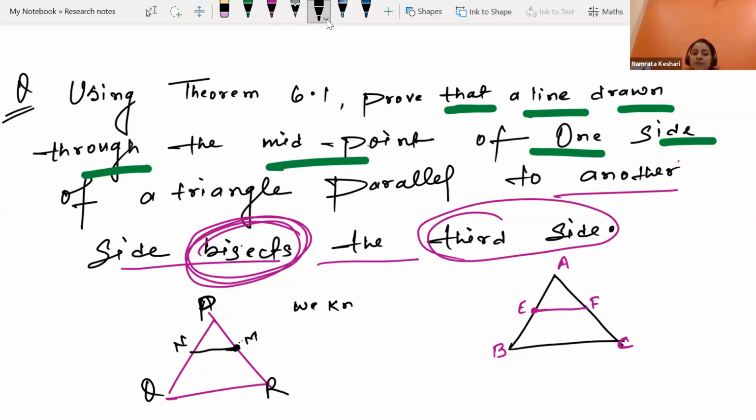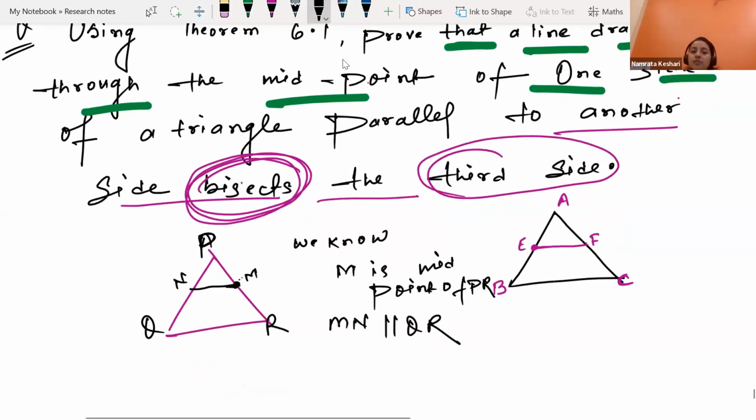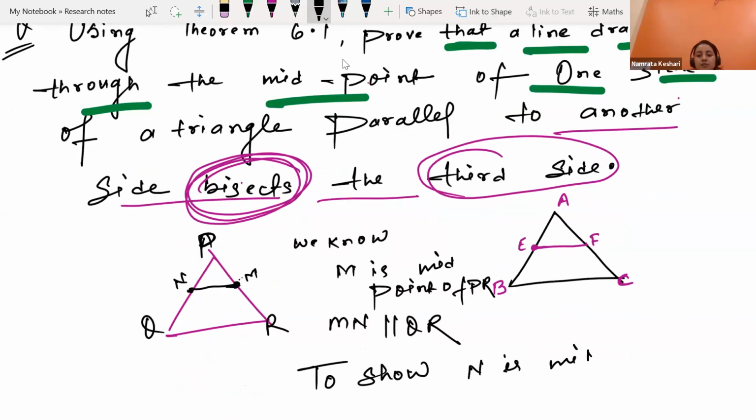Here we know that M is the midpoint of PR, and we also know that MN is parallel to QR. Then what do we have to prove? We have to prove that N is the midpoint of PQ. Is it getting clear what is given and what we are finding?